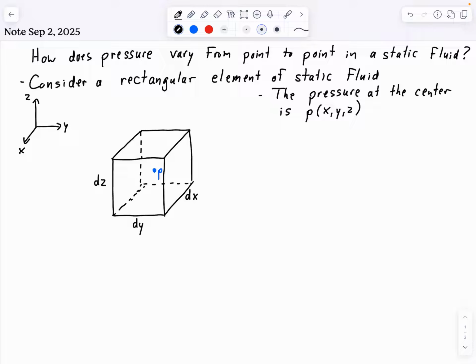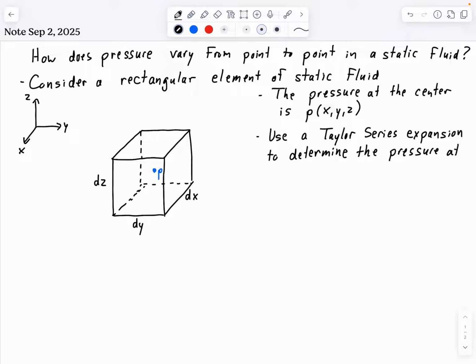So how can we represent P at the different faces? We have P in the center, and we're interested in getting an expression for P at the different faces: the front face, the top face, the side faces. The way to do this is to use a Taylor series expansion to determine the pressure at each face.